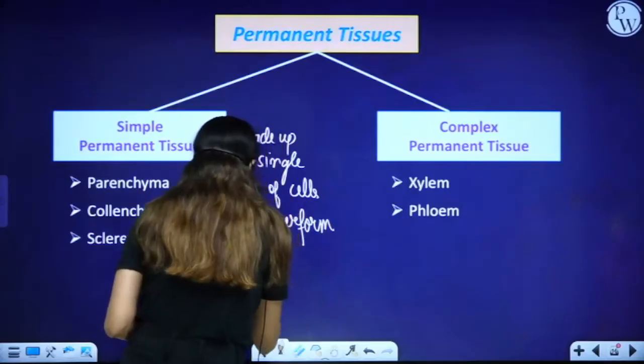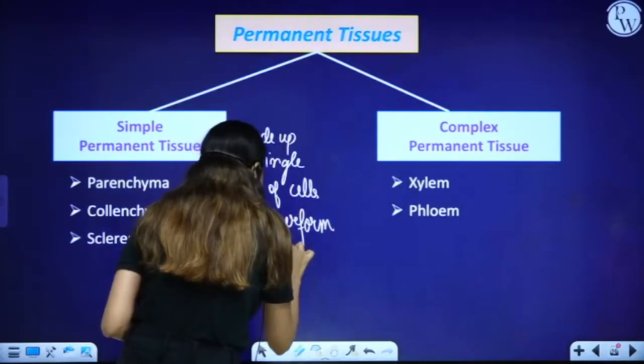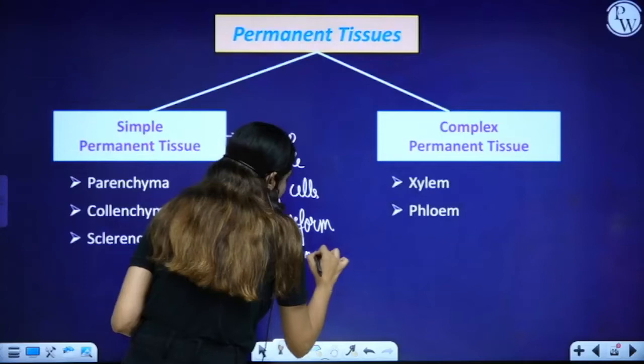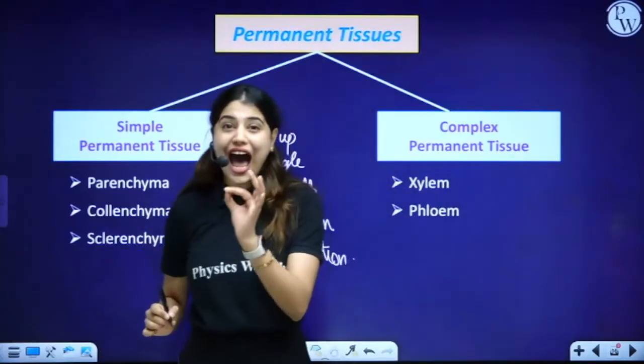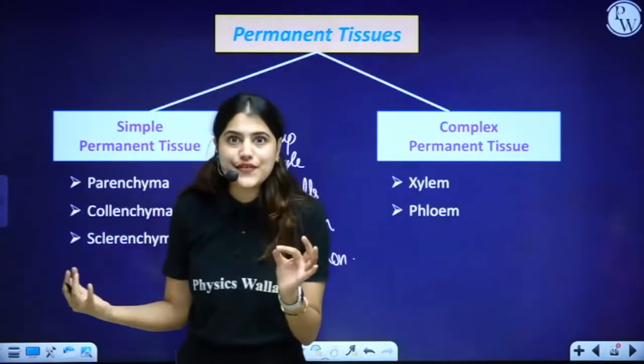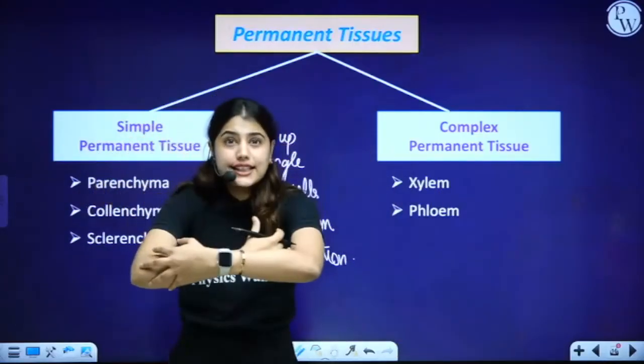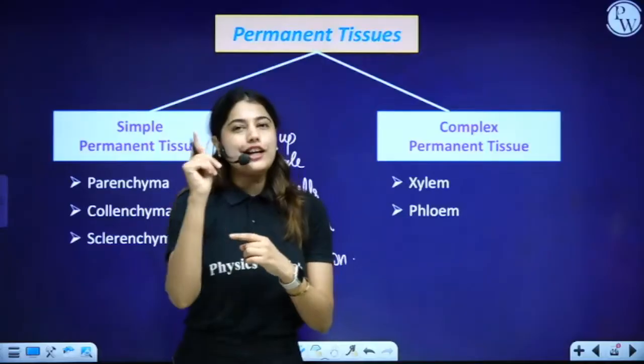Then what are complex permanent tissues? Let's have a look at that. So complex permanent tissue is the one which has more than one type of cell, but together as a unit they attain a particular function, right?